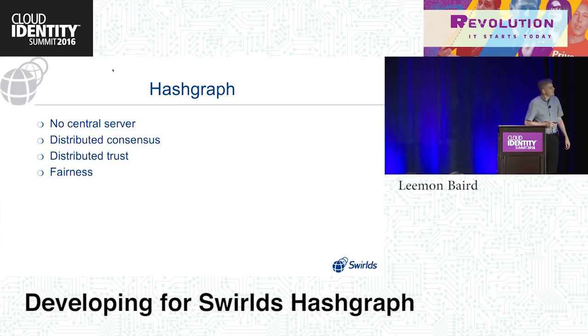So, what is the Hashgraph? The idea is we want to have a system that doesn't have a central server. It's purely peer-to-peer. Every member of the community is running the same program, and they're all talking to each other over the internet, well, through TCP/IP. You can run them on the same machine if you want, and they just talk to each other through TCP/IP on the same machine. But you can also run them over the internet.